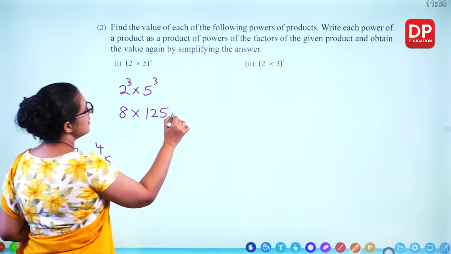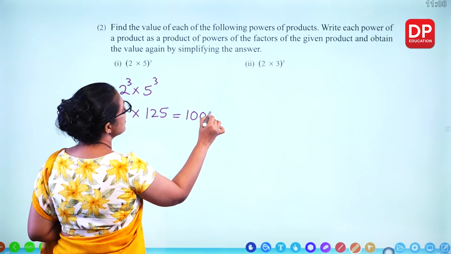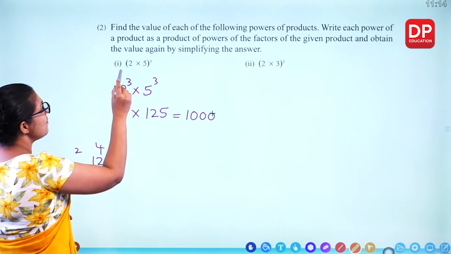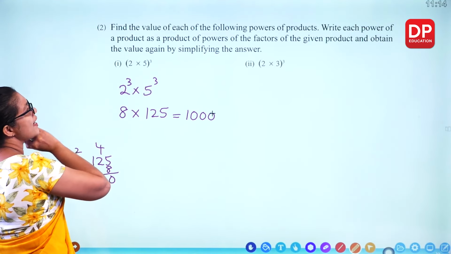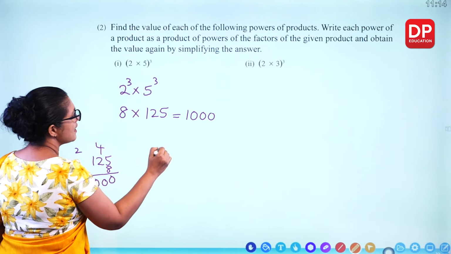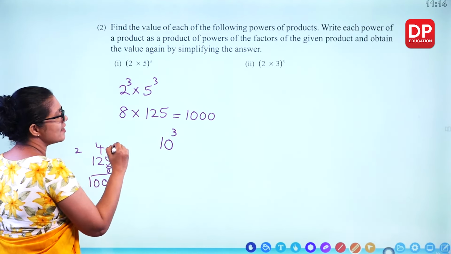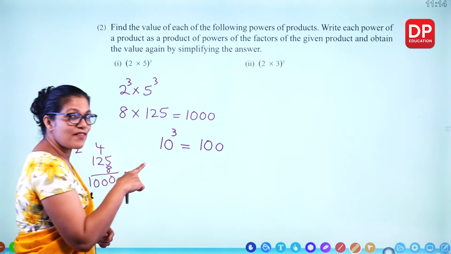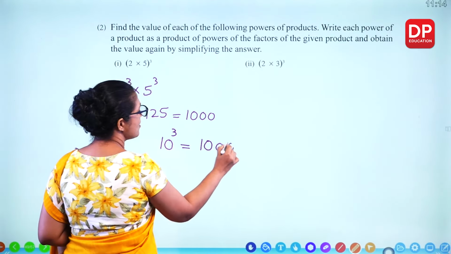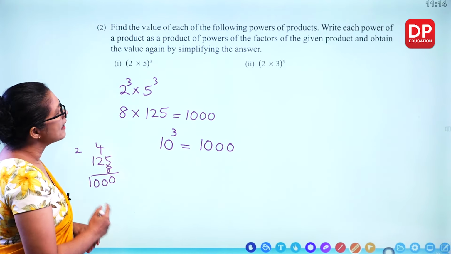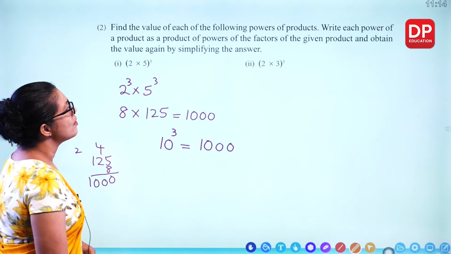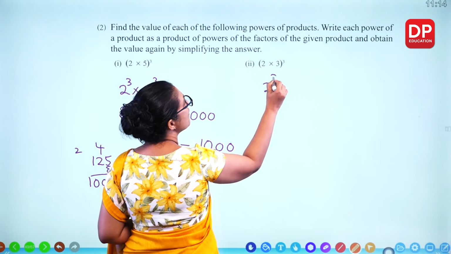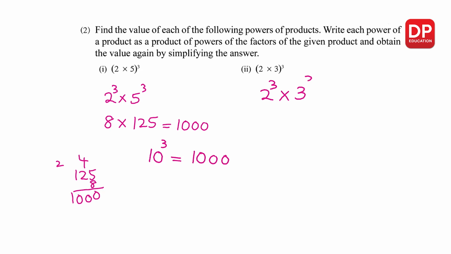1000. This is 1000. Here you can do this one in another way. So if you simplify inside, 2 times 5, 10. 10 to the power 3. You can straight away get that's 1000. 3 zeros there. This one, 2 into 3 to the power 3. That means 2 to the power 3 and 3 to the power 3.